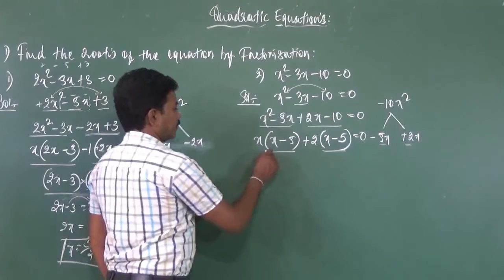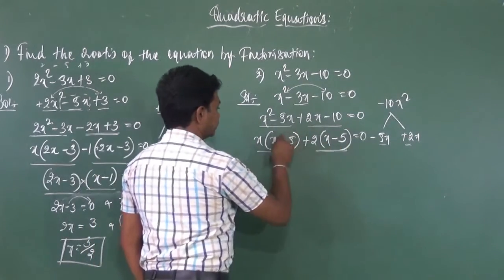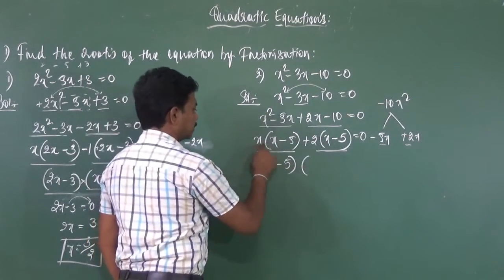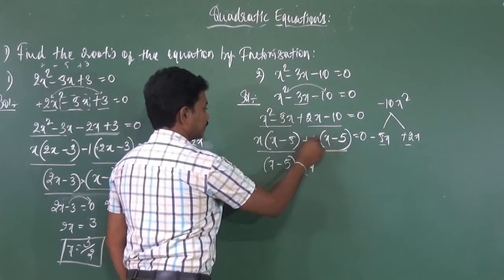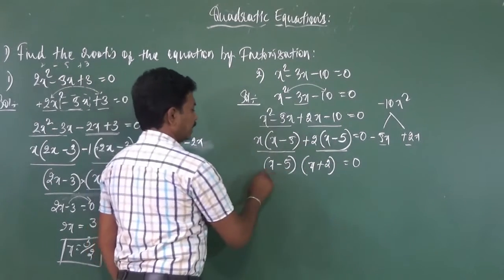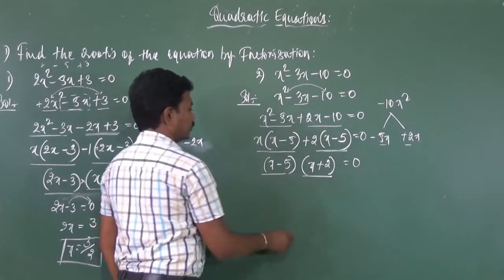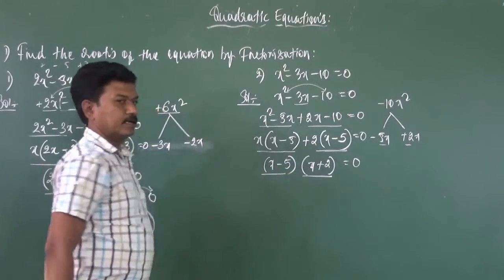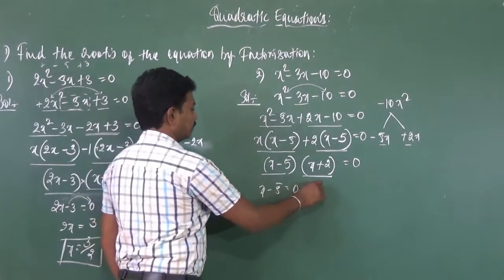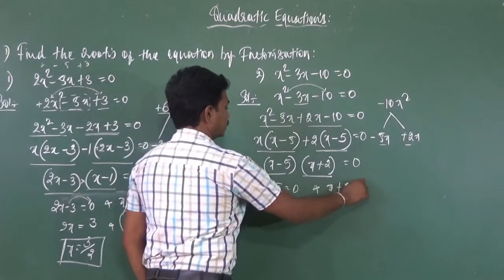So now, out of these two terms, we can take x minus 5 as common. So x minus 5 into x plus 2 is equal to 0. The same logic applies. M into n is equal to 0, therefore m is equal to 0 or n is equal to 0. So x minus 5 is equal to 0 and x plus 2 is equal to 0.